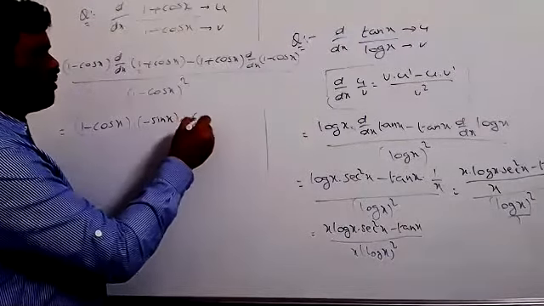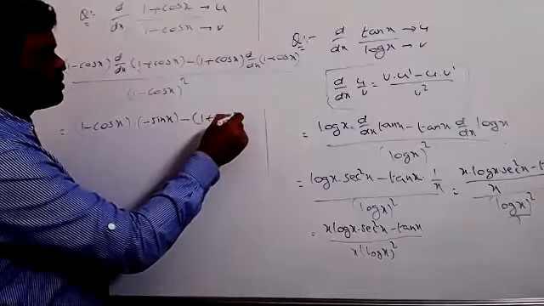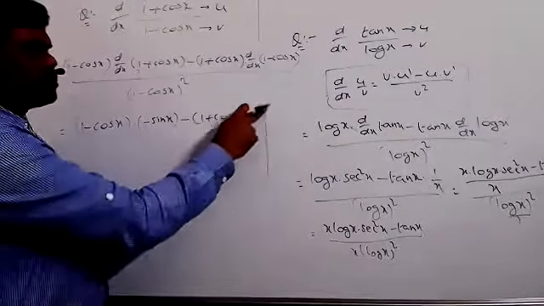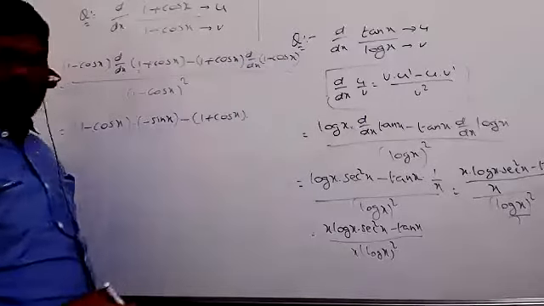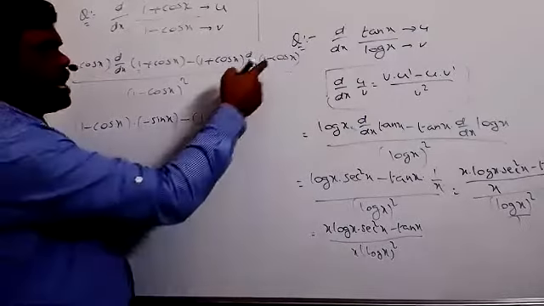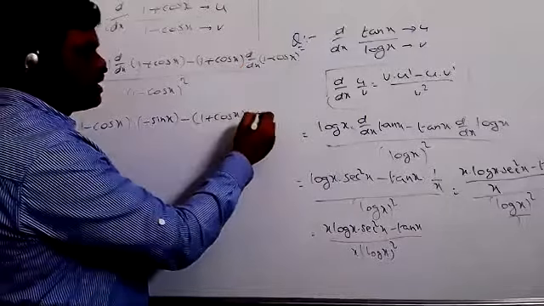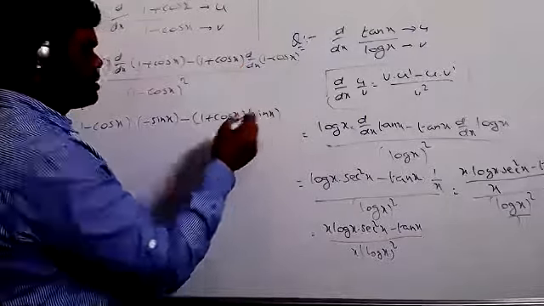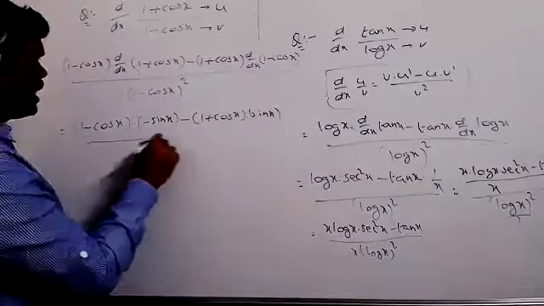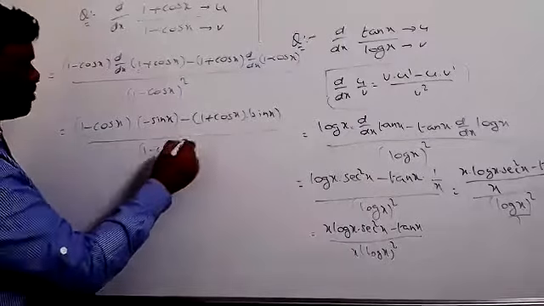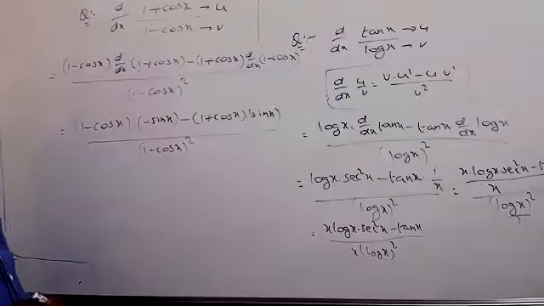And minus of 1 plus cos x into the differentiation of 1, again 0. Minus of differentiation of minus cos x, that is plus sin x. Plus sin x whole by 1 minus cos x whole square.